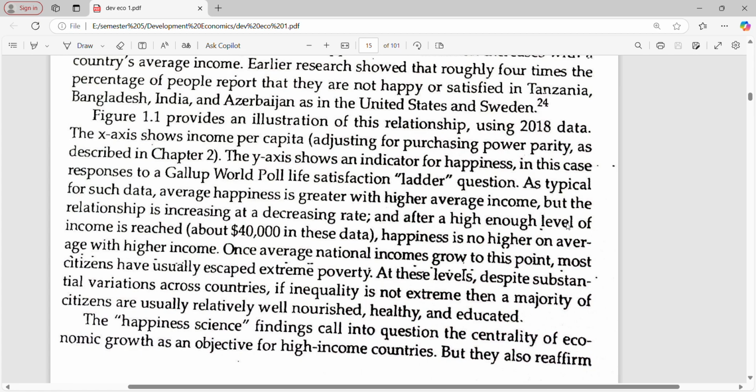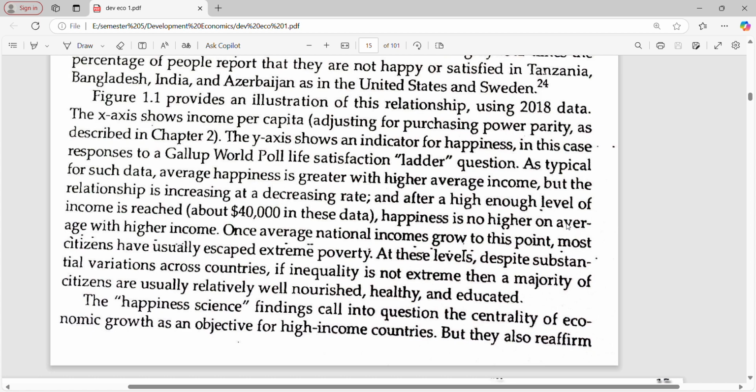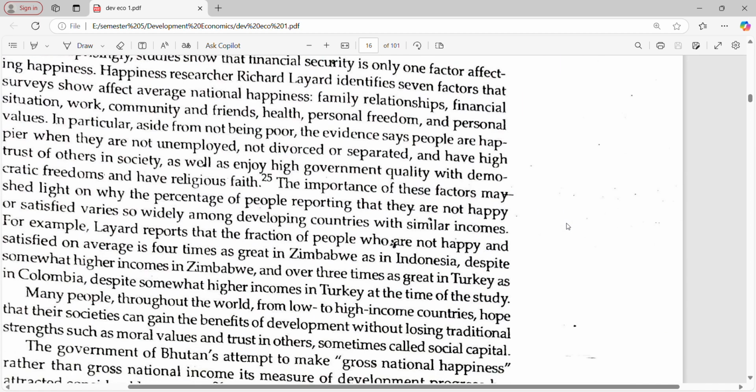For example, people may have similar incomes, but happiness varies widely between countries such as Zimbabwe and Indonesia.